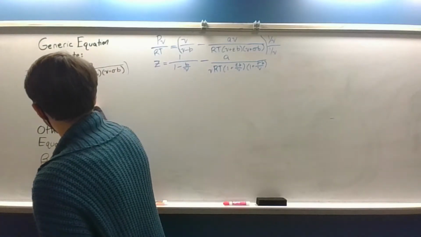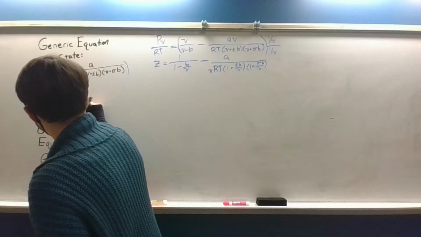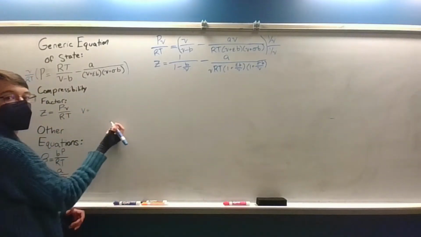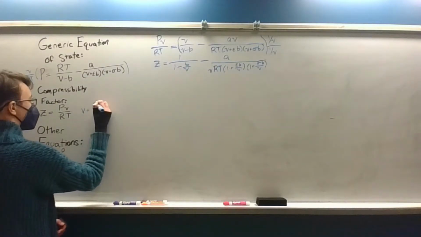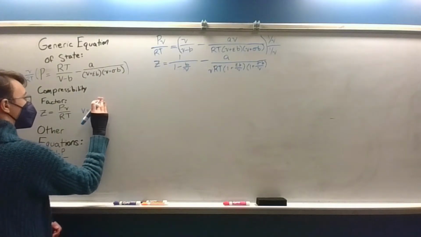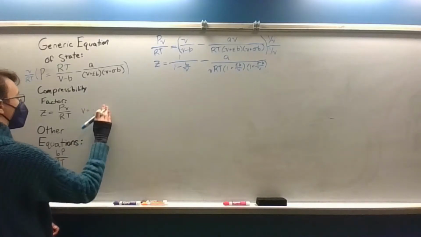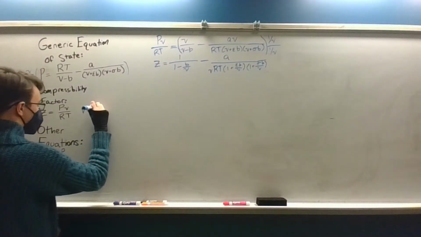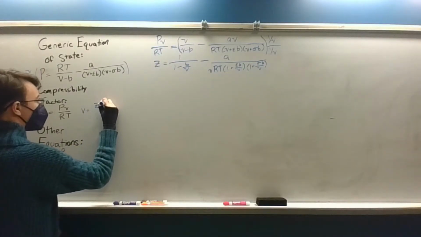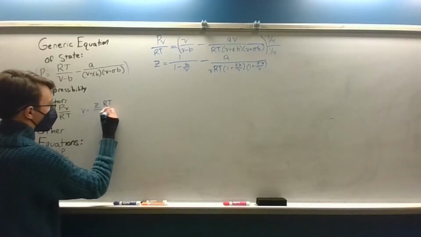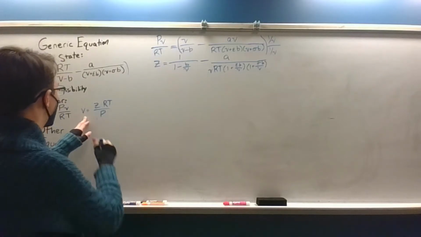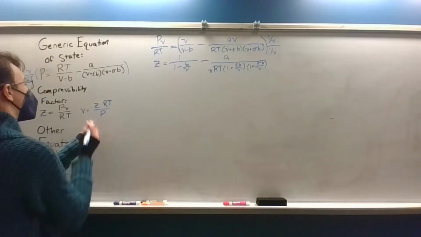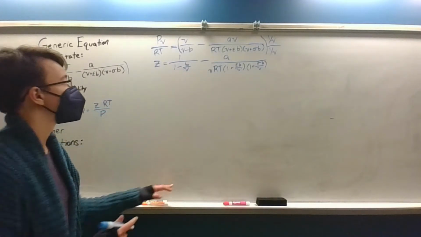That would be v is equal to Z times gas constant times temperature over the pressure. So you're going to have to plug this in everywhere that we see v up here.